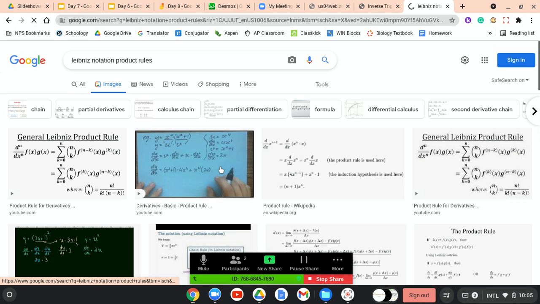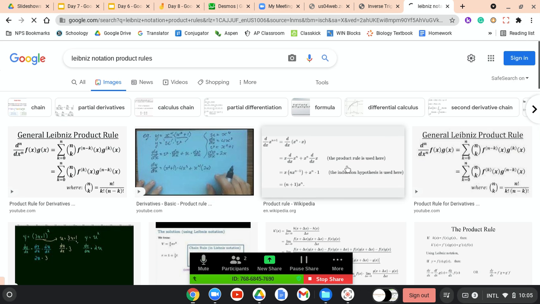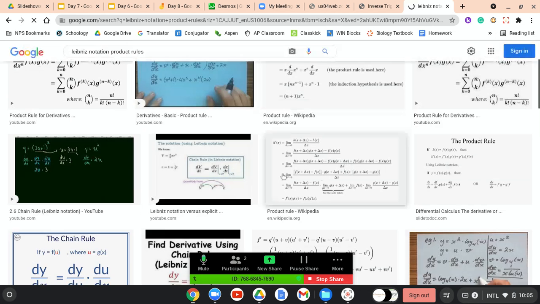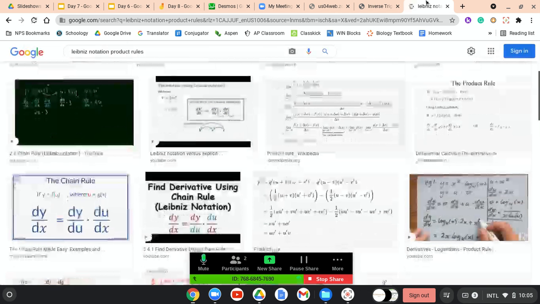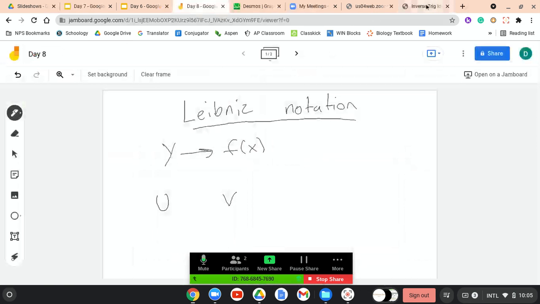It's frustrating. I can't find it here, but definitely when we get into our unit on integrals, there's a rule that uses u's and v's. We describe it with Leibniz notation, and it's really frustrating because when I'm drawing it, I have to be really careful with my u's and my v's to make sure we're not mistaking anything. Okay.